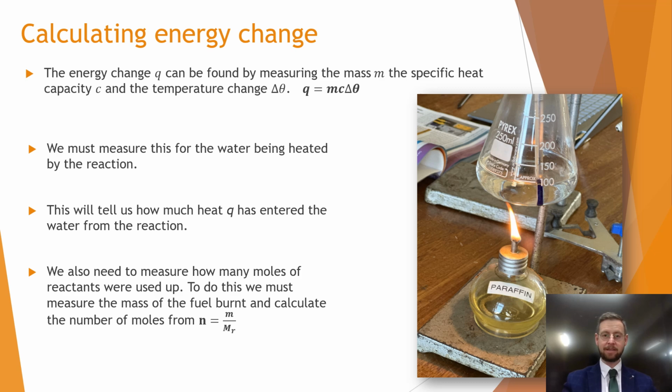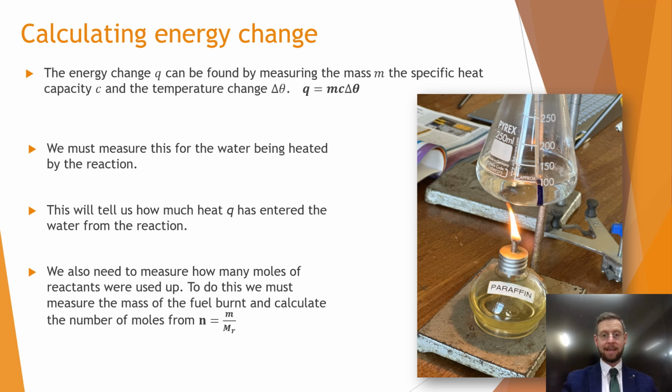Now we ultimately want to know the amount of energy per mole of reactant, in this case the per mole of paraffin that has been burned. So what we need to do is we need to work out how many moles of paraffin have been burned in the time interval over which we took the measurement. That requires us to measure the mass of the paraffin burner before and after the experiment.